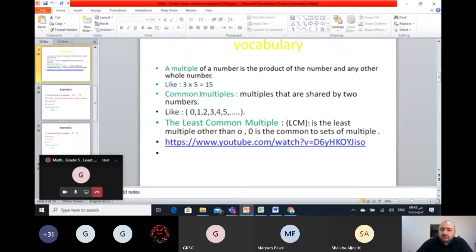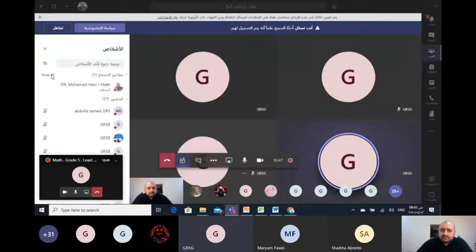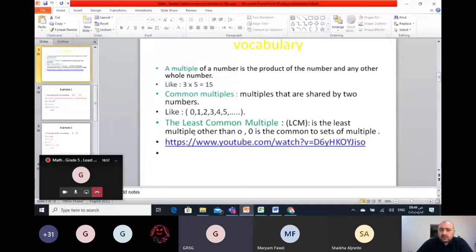Now, what's the meaning of common multiple? Common multiples are multiples that are shared by two numbers. For example, we have 0.